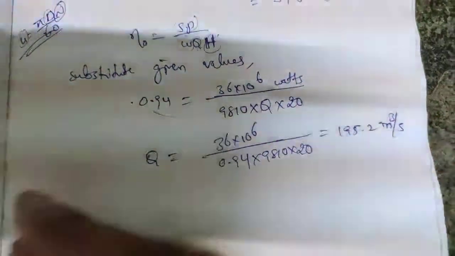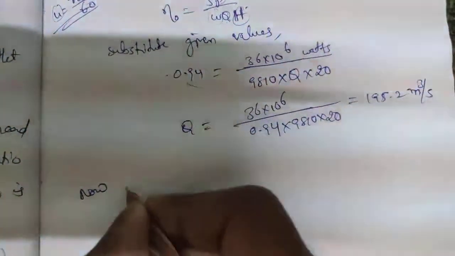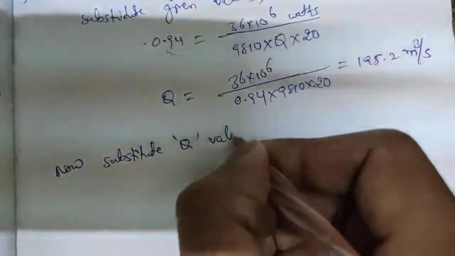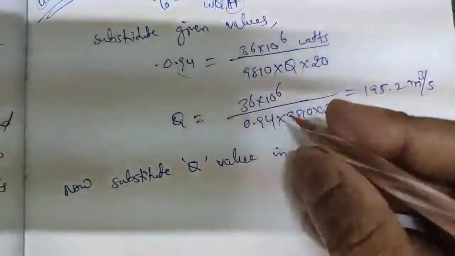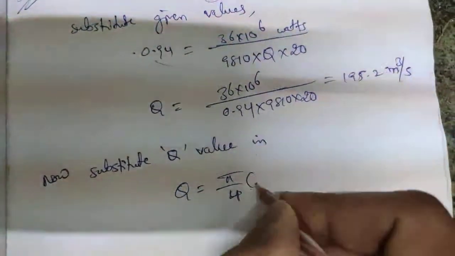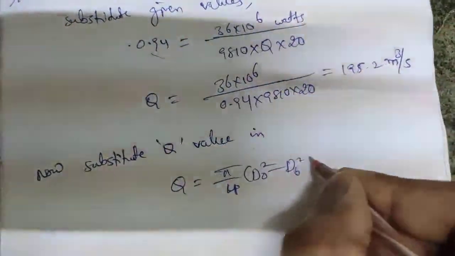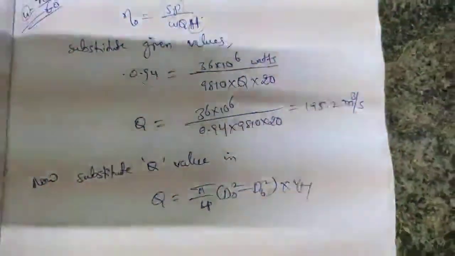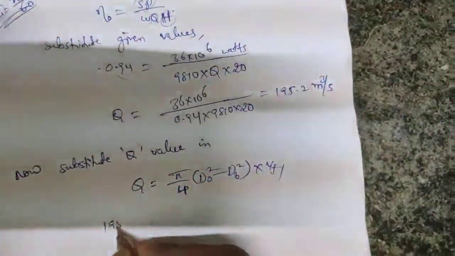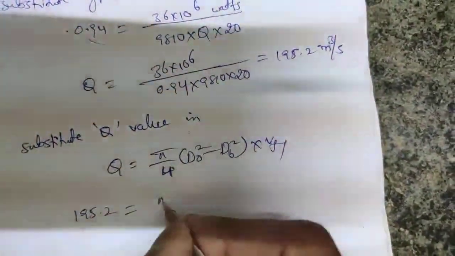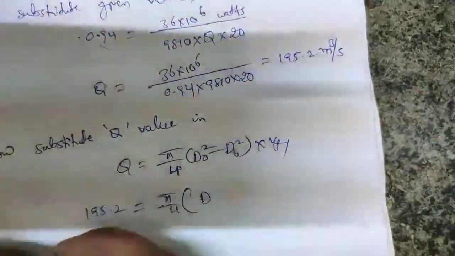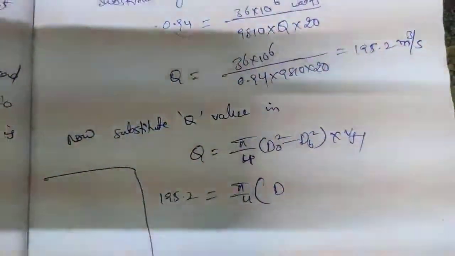Now substitute the Q value in the discharge formula, Q equal to pi by 4 into d naught square minus dB square, into Vf1. So 195.2 equal to pi by 4 into d naught square minus dB square.